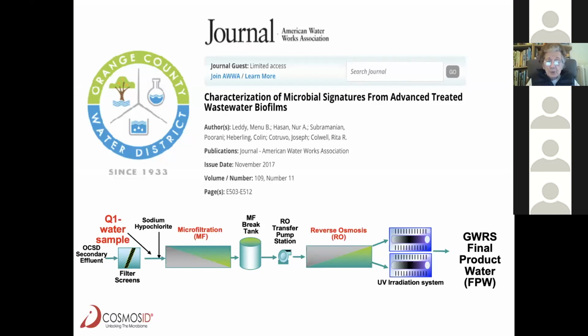And so we worked with them to show each step of the way how purification and removal of pathogens occurred with our technique. So the Q1 water sample is the water that comes in from the sewage plant. The sludge goes out to sea, and the water coming in from the sewage plant is first screened, filtered, treated with sodium hypochlorite, precipitated, microfiltered.